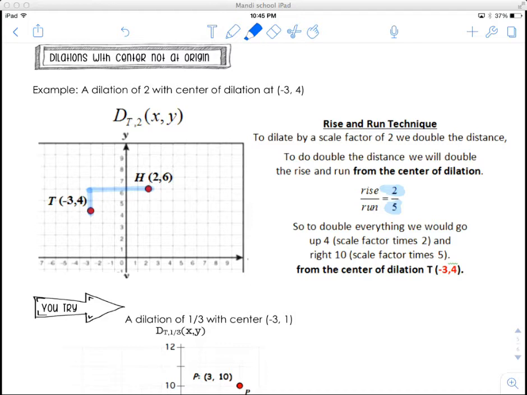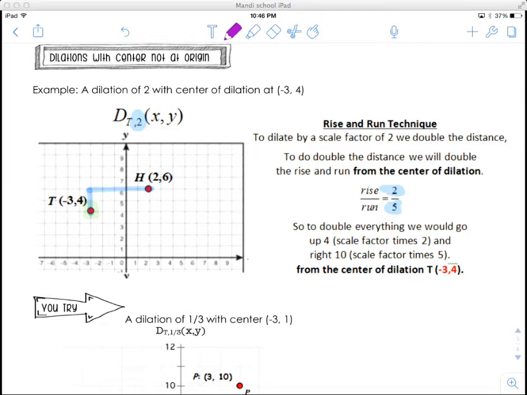And then if we want our scale factor to double, a dilation of 2, and we're going to center it around this point right here. So we're going to take the coordinate and we need to go by 2.